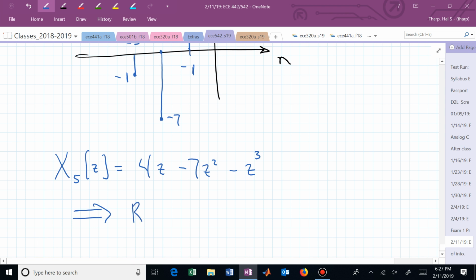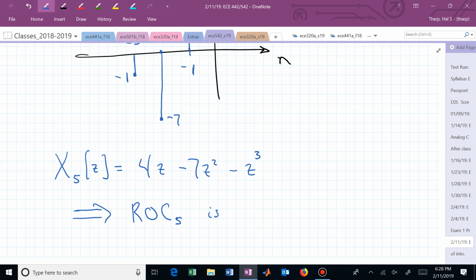What's the region of convergence for sequence 5? For these finite sequences, sequences without tails, we know it's the entire z-plane except maybe some extremes. Is this z-transform well behaved at the two extremes? If I let z equal 0, is this okay? That looks all right. What if I let z go to infinity? No, this isn't bounded anymore, is it?